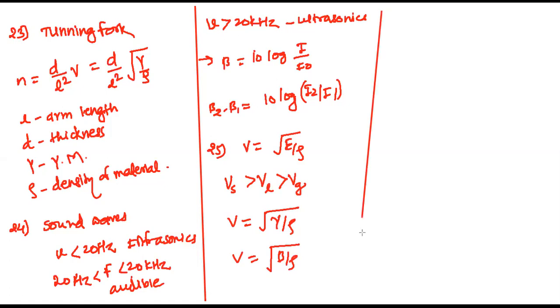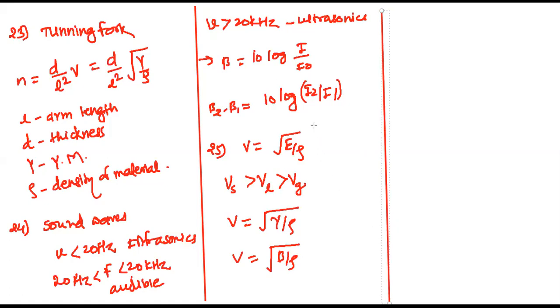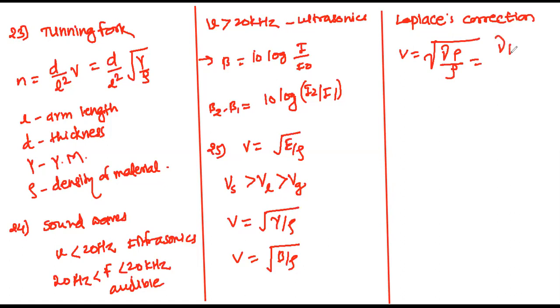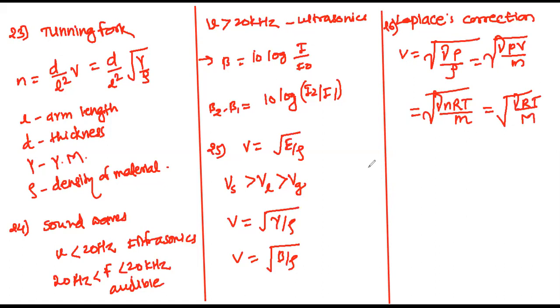Next, Laplace correction. V is equal to under root of gamma P by rho, that is equal to under root gamma P by m, that is also equal to, 26 number, gamma nRT divided by m under root, that is also equal to gamma RT by capital M. M is mass, capital M is molecular mass.